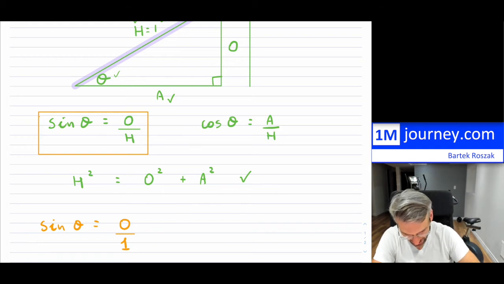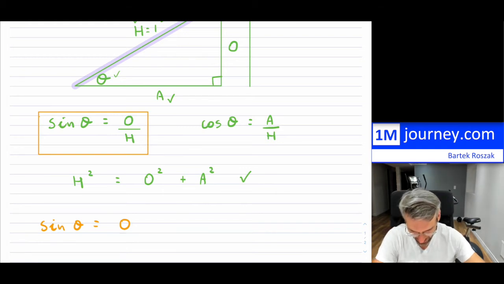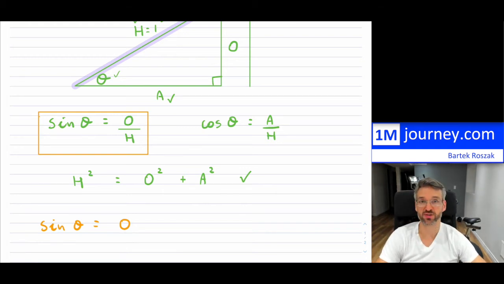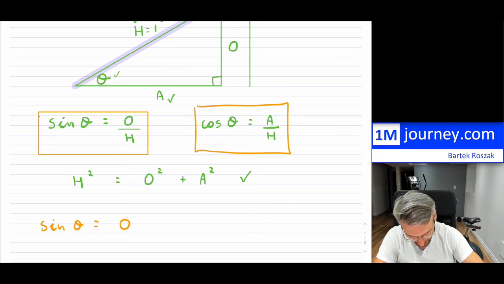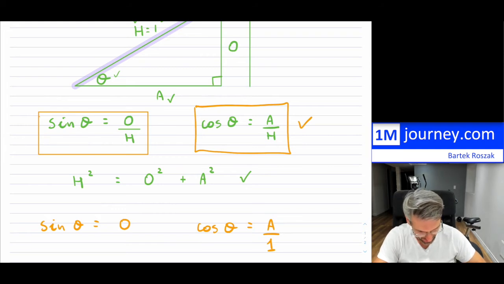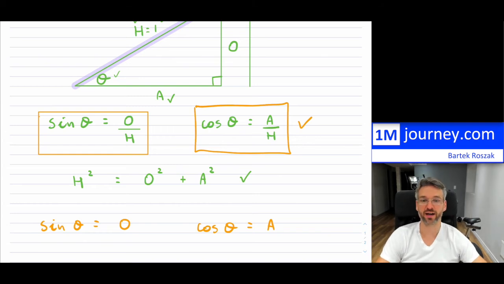If you're dividing by 1, then your opposite side is just equal to sine theta. If you do the same thing for cosine, cosine theta is equal to adjacent divided by 1, and because it's just divided by 1, your cosine theta is equal to the adjacent side.